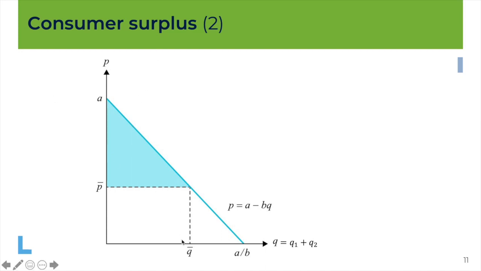At some quantity Q bar, it will be sold at price P bar, and this triangle here in blue measures the consumer surplus. Any vertical distance is the difference between what you read on the demand function, which is the willingness to pay of the consumer, and the actual price. That corresponds to our definition of the consumer surplus.